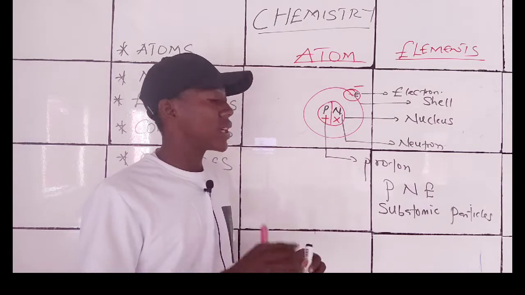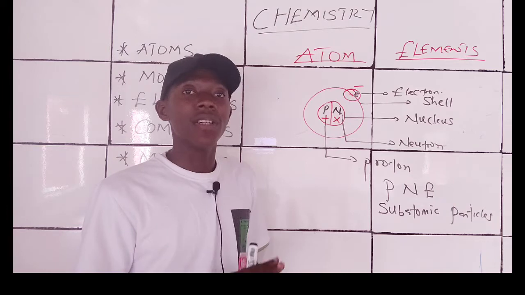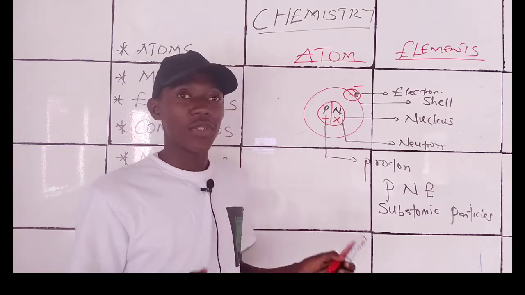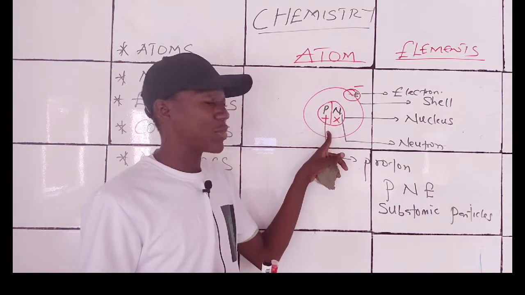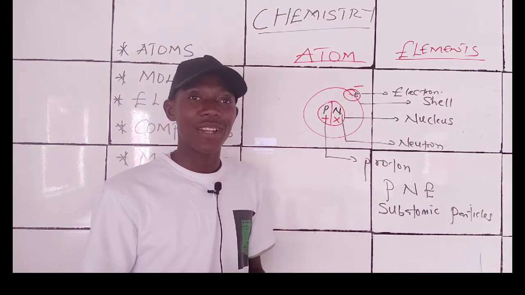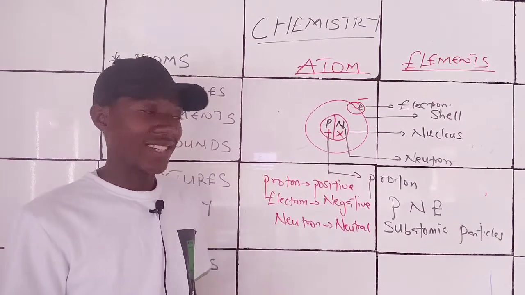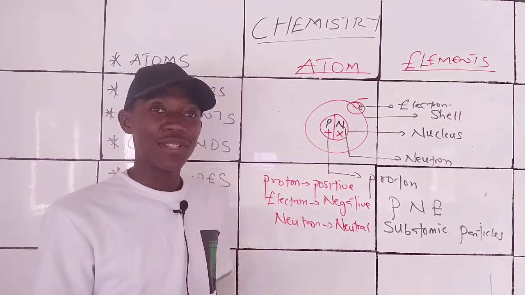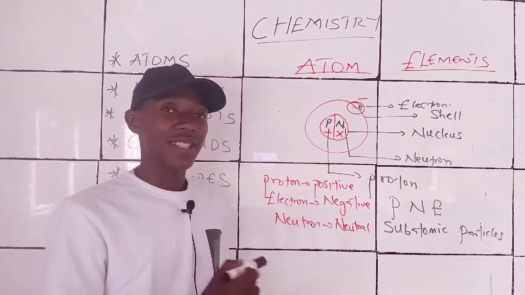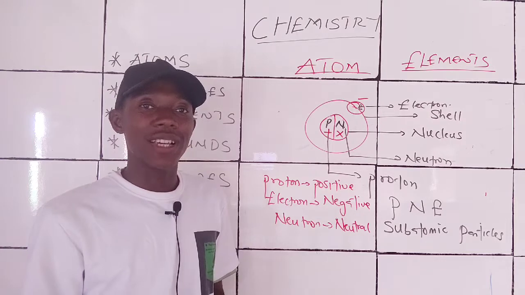So the proton is positive, the electron is negative, and the neutron is electrically neutral. My short form here is P positive for proton, N neutral for neutron, and then electron, which is the last, becomes negative.